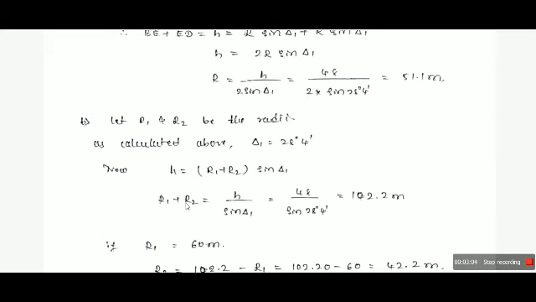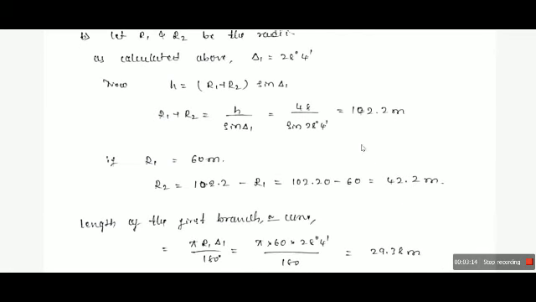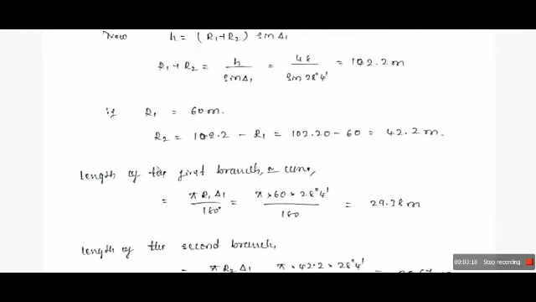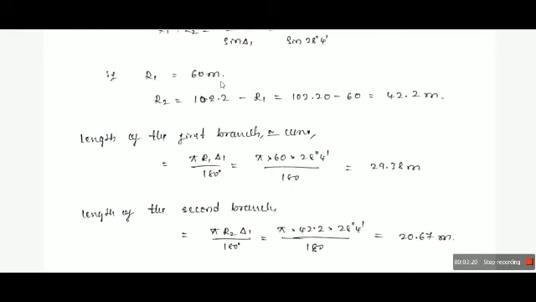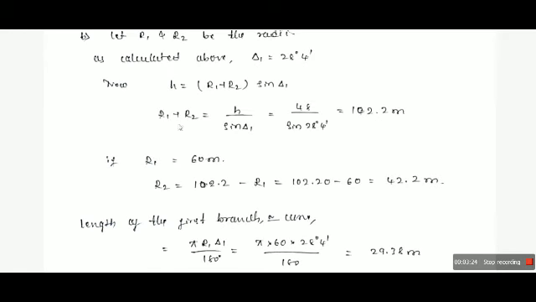Simplifying, R1 plus R2 is equal to h divided by sine of delta 1. With respect to the values, it is 102.2 meters. R1 is 60 meters, as given in the problem. Putting in the R1 value in this equation, we will get the R2 value.